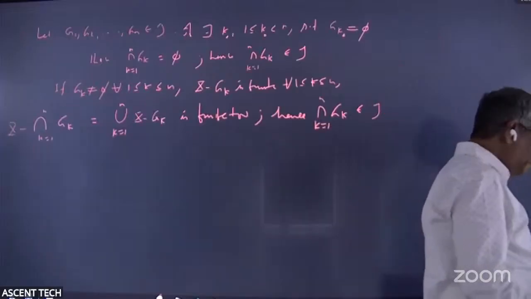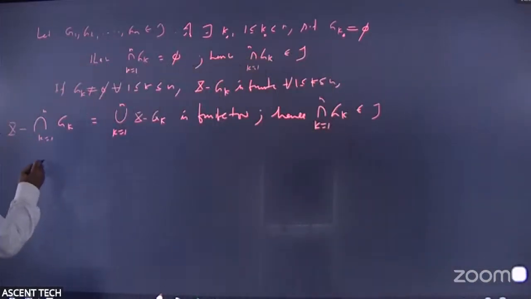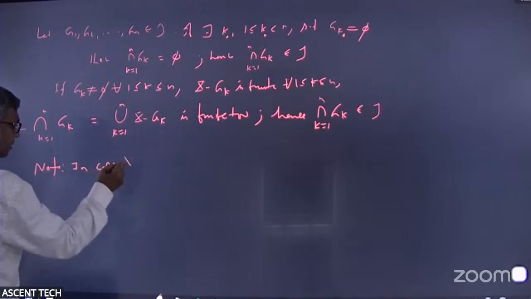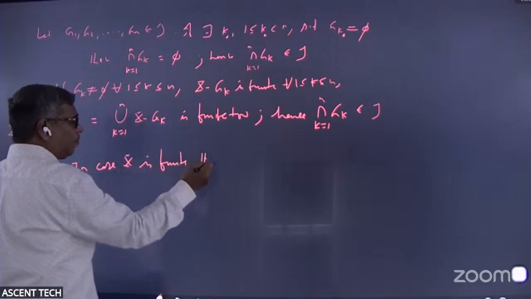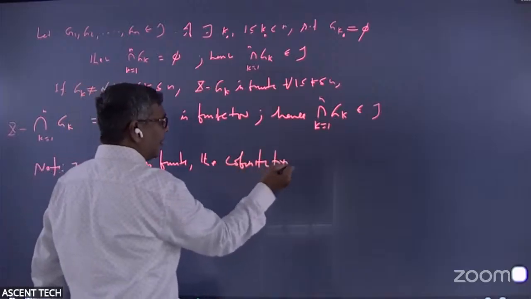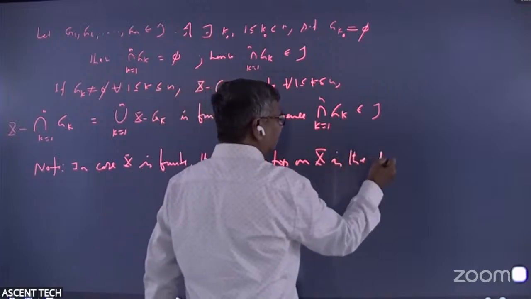Is that clear, sir? So note, in case X is finite, the cofinite topology on X is the discrete topology.